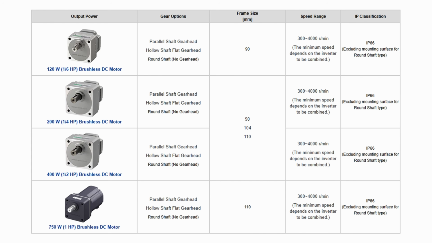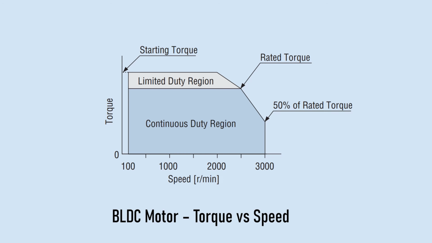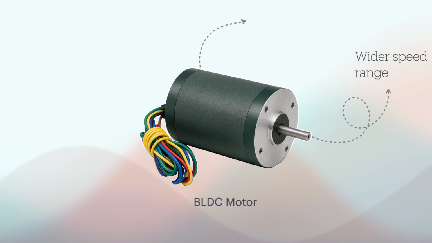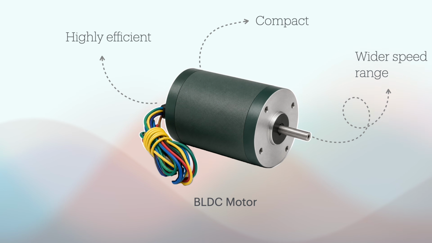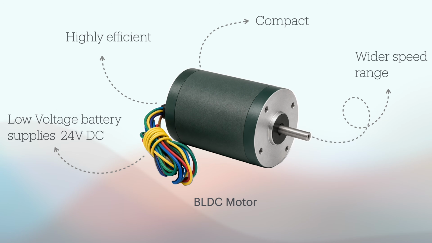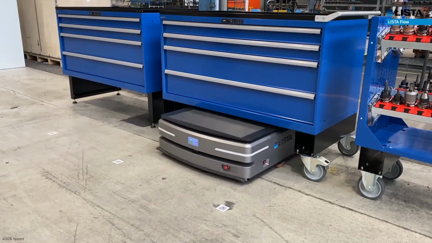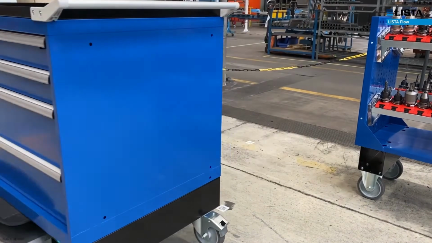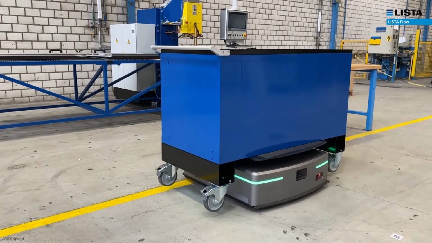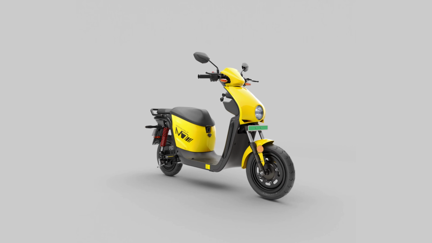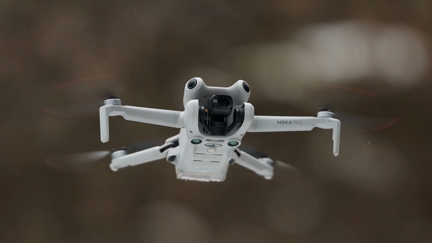But most industrial grade BLDC motors are typically designed up to around 4000 rpm. They can also maintain a much more stable speed even under variable loading conditions. They are also compact and highly efficient and can easily run on a low voltage battery supply like 24 volt DC. That is why BLDC motors are commonly used in AGVs, commercial EV scooters, and drones.